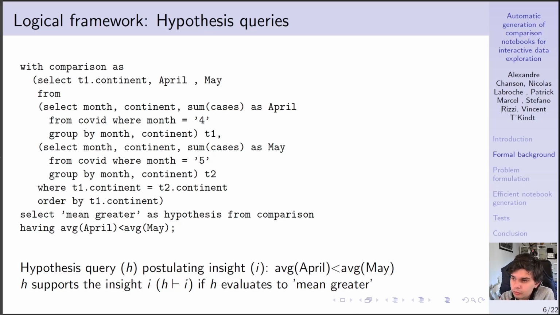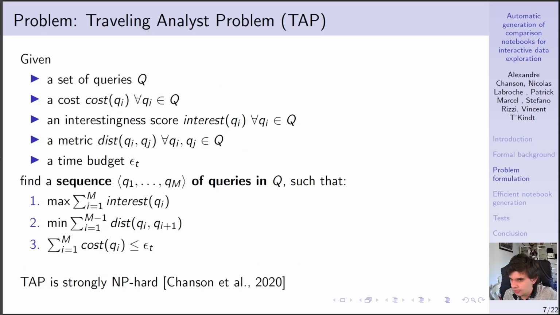So for example, if the evidence on the whole dataset suggests the average number of cases for the month of May is higher than April, then we cannot show any comparison queries that will contradict this factual evidence that has been verified statistically. So if the hypothesis query evaluates to true, it means the comparison query supports the insight.